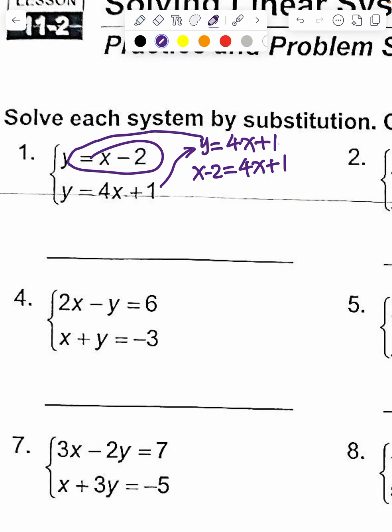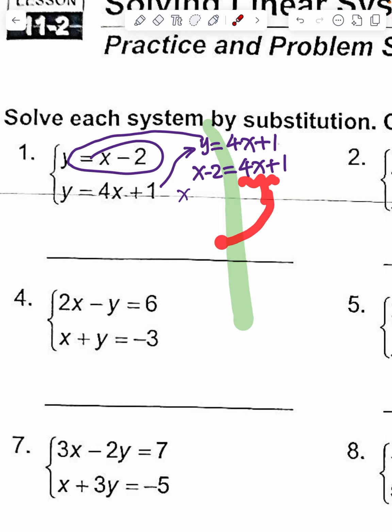Okay, I'm going to teach you a method called rearrange. If we don't move a term from its original side, look at this. The equal sign separates the equation into two parts, left and right. If I'm going to move 4x from the right side to the left, I need all the variables on one side and all the numbers on the other side.